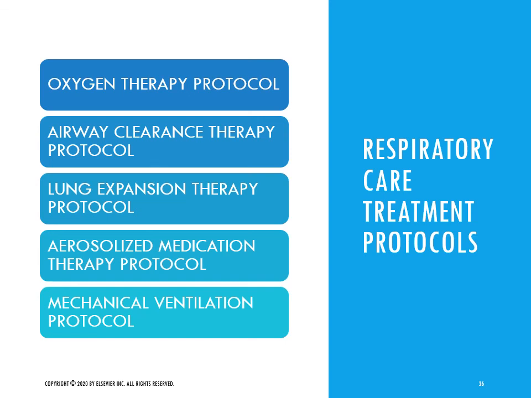Aerosolized medication therapy protocol. Both sympathomimetic and parasympatholytic agents are commonly used in selected patients with bronchiectasis to induce bronchial smooth muscle relaxation. Sympathomimetics are albuterol, and parasympatholytics are Atrovent.